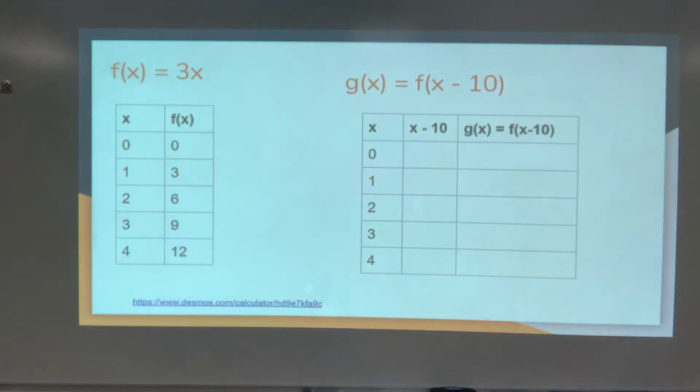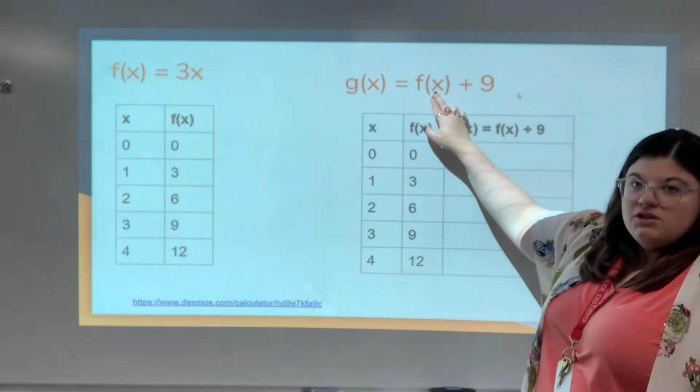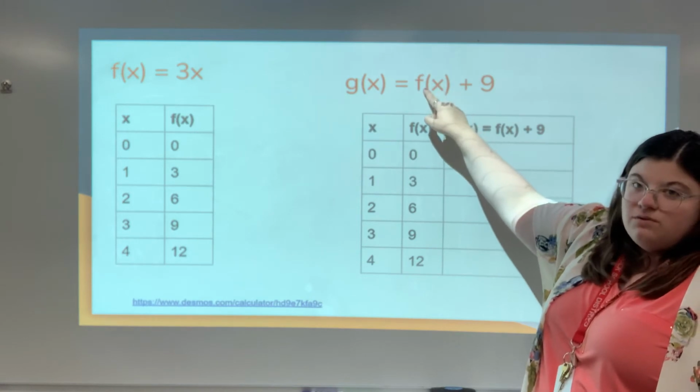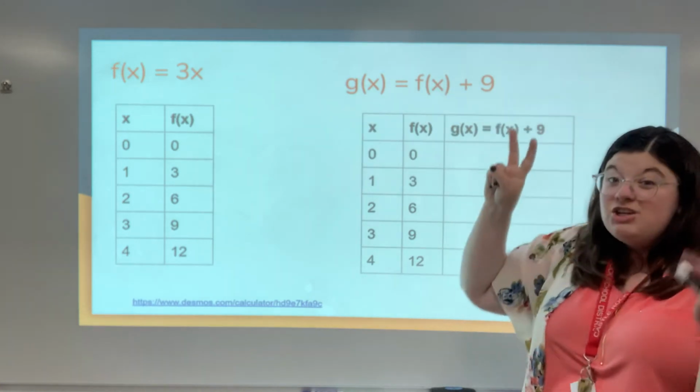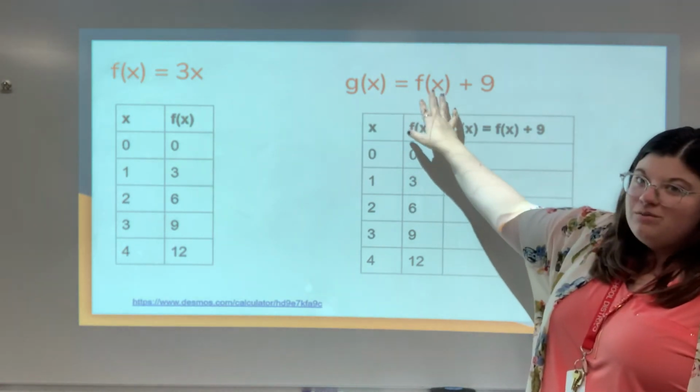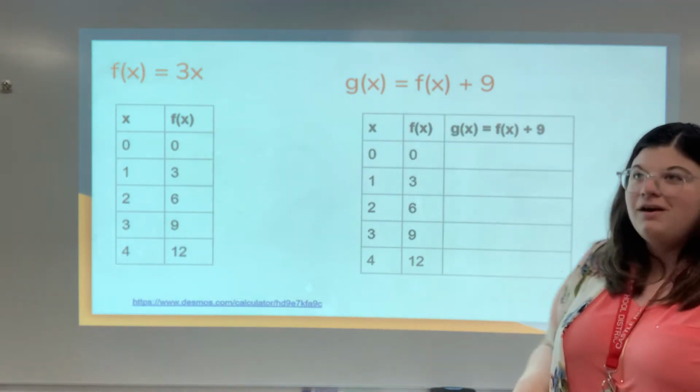I'm going to go back just a second. Notice how on the previous one we had our parameter on the outside of the function. I took my input, I did whatever the original function wanted me to do, and then I added 9. So I changed my original function after it was done doing its function thing.